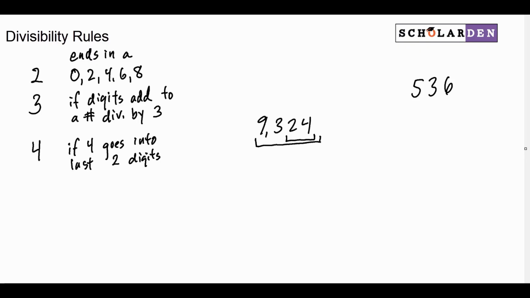Now, of course, 4 can only go into a number if 2 goes into it. So if you had, let's say, 106,973, you wouldn't even bother to see if 4 goes in because it's not an even number. 2 does not go into it. Therefore, 4 cannot go into it. So does 4 go into our first number, 536? Yeah, because 4 goes into 36.